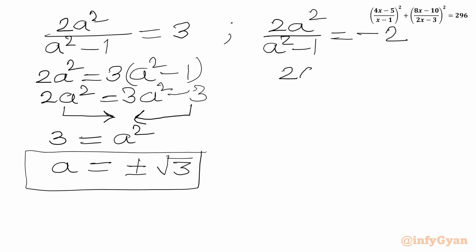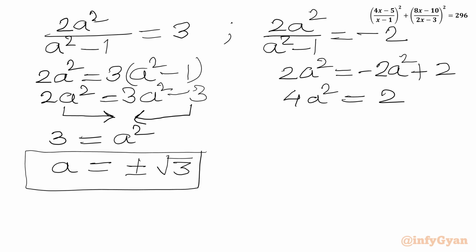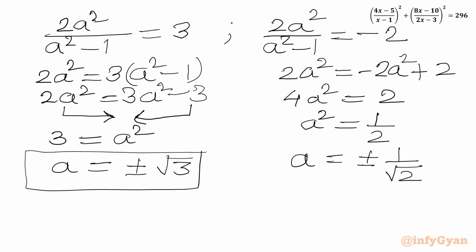Let's cross multiply. 2a square will be equal to minus 2a square plus 2, or I can write 4a square will be equal to 2, or a square will be equal to 1 over 2. So a will come out plus minus 1 over square root 2.